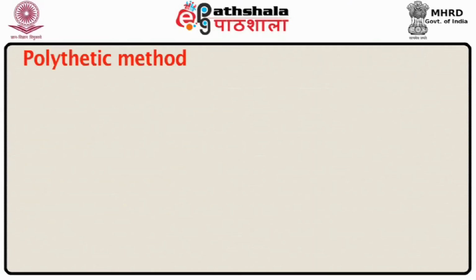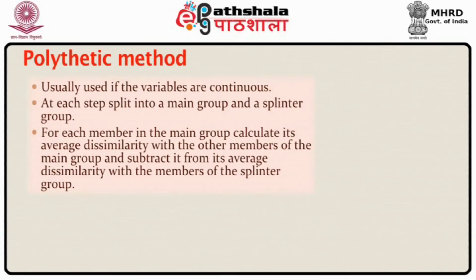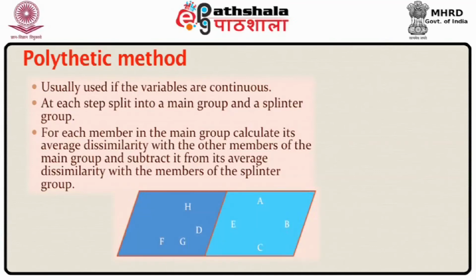On the other hand, in a polythetic method, we usually look at all the variables. But then in that case, it's easier to do if we have continuous variables, because getting a single distance measure based on all the variables, as we have seen previously, is not so easy.